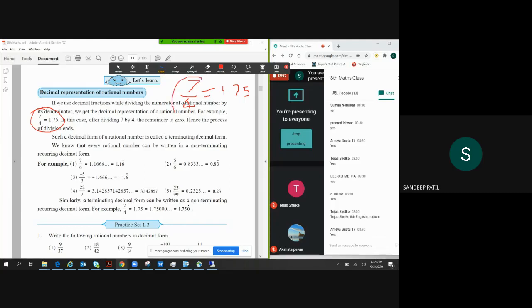This is the rational number, and this is also a rational number, but it is represented in terms of decimal. See, after the point there are two decimals. We have to divide till we get remainder 0. Sometimes it is not possible, but for this division we got the remainder as 0.